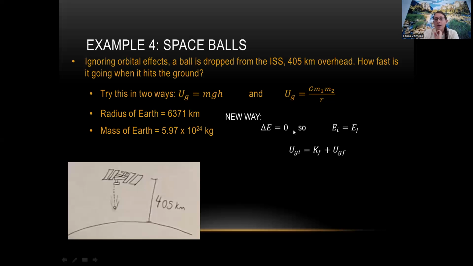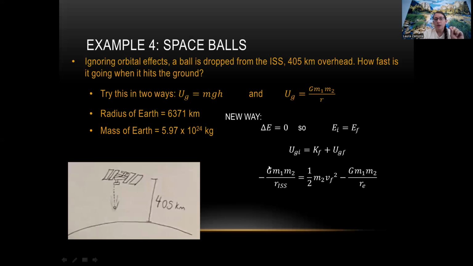But now, since our distance is measured from the center of the Earth as opposed to the surface of the Earth, that means we have an initial gravitational potential energy because it's above the center of the Earth. And we also have a final gravitational potential energy because even though it's at the surface of the Earth, it is not at the center of the Earth. So it still has a final gravitational potential energy there.